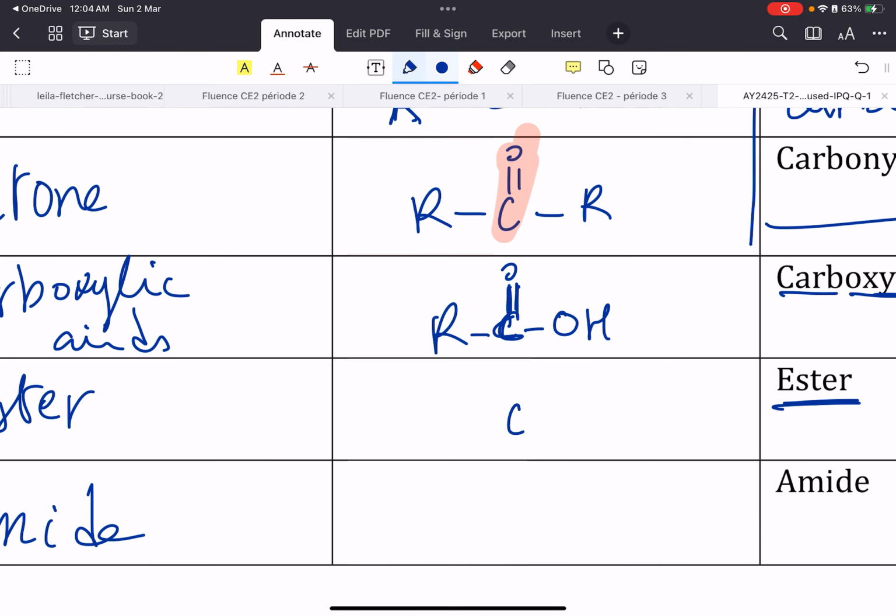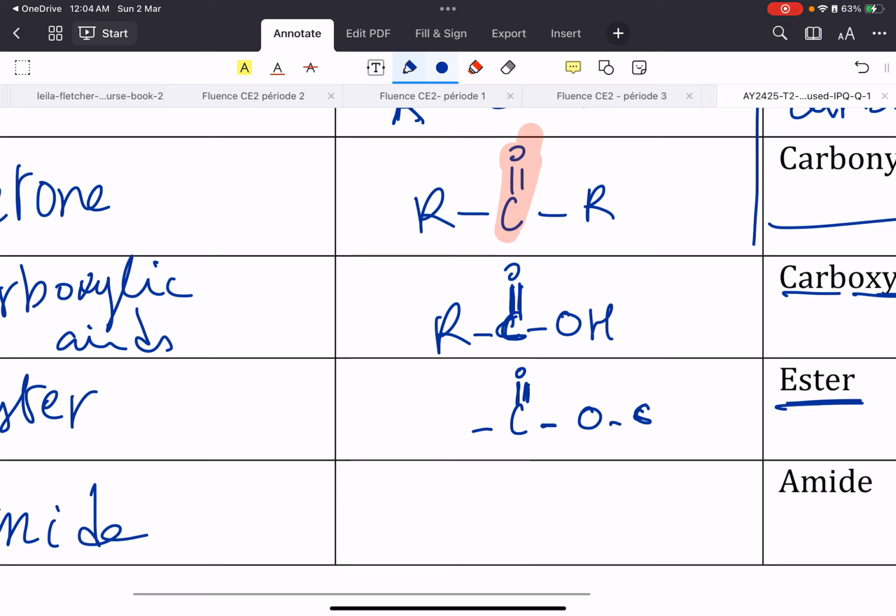Now ester, I have a C double bond O. You studied esters and we talked about them, saying that these are the compounds with fragrances. They have a nice odor. So from one side I have an oxygen bonded to more carbon atoms, and here also the carbon is bonded to another carbon atom, or I can simply write R and R prime.